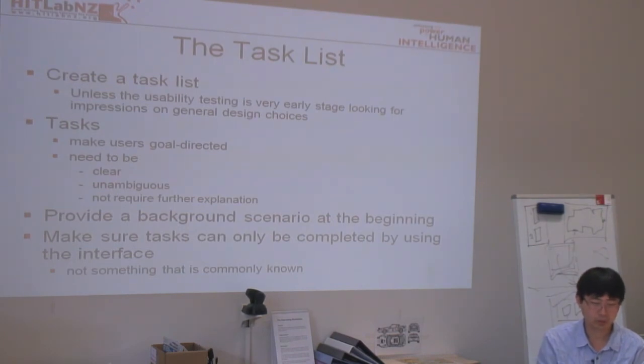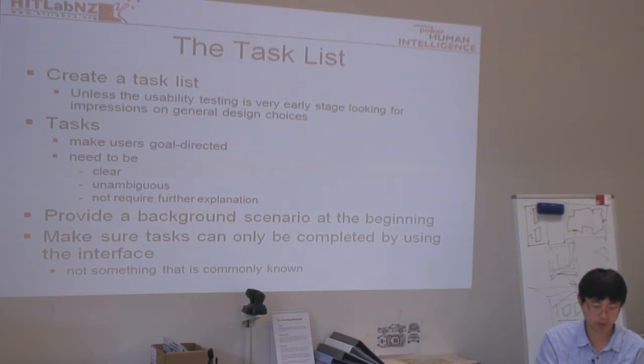And while you do the usability testing, it's important to create a set of tasks so that the user will be goal-oriented, with a final goal that they have to finish. While you write up this test, you should be clear about what they have to do and what they have to achieve at the end of the final task.